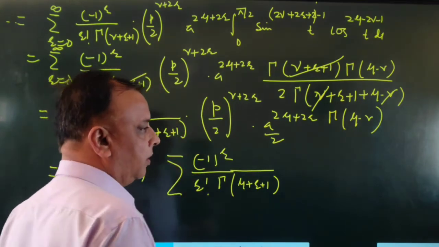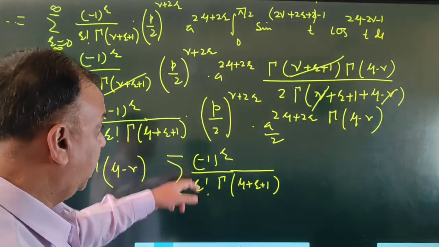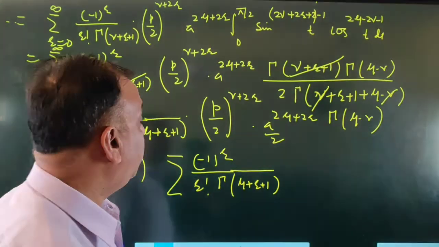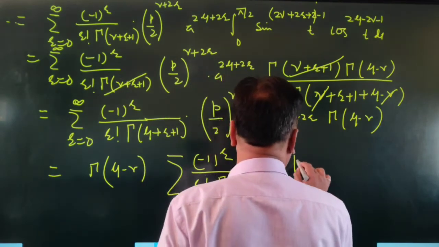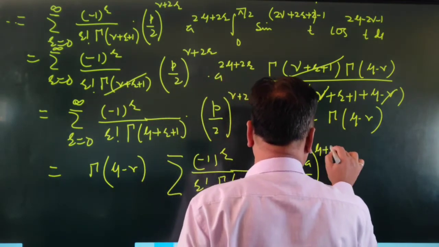to reduce it in J mu of pa, we require the Bessel function of order mu, J mu of pa. So we take it as pa upon 2 raised to mu plus 2r.